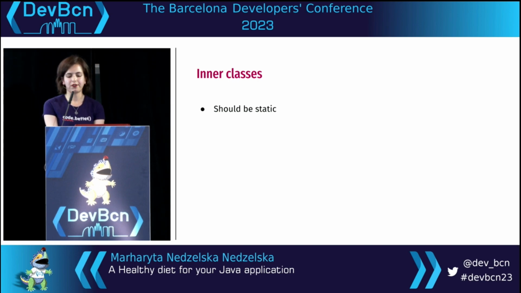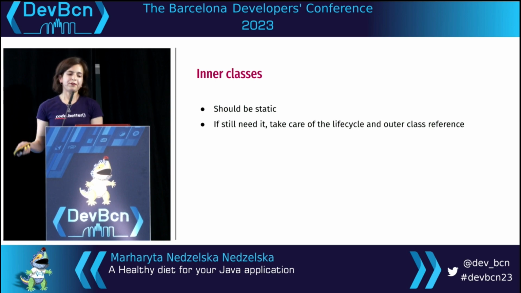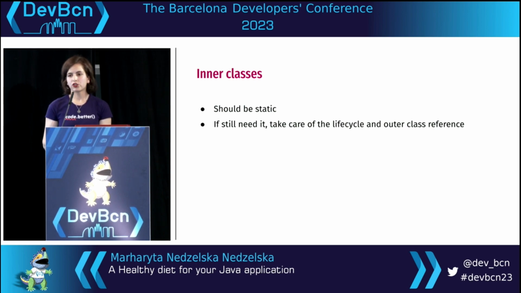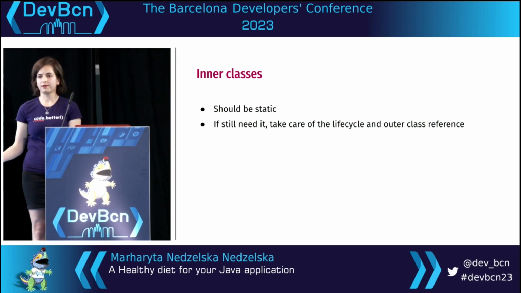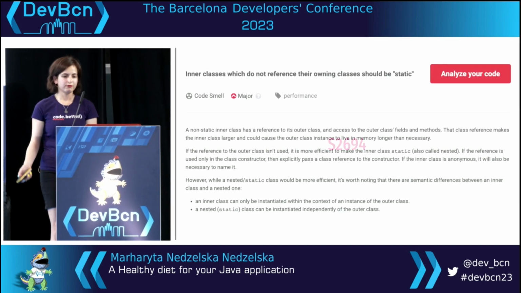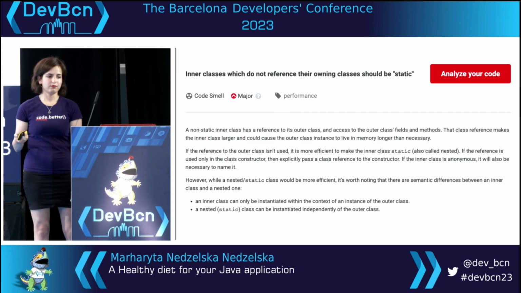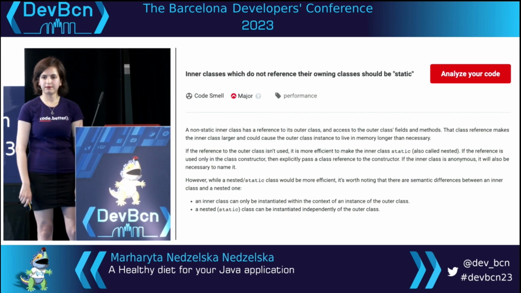It's a very rare case when you need a non-static inner class. And if you still need it, you should keep in mind that it has a reference to the outer class. And we have a rule that helps you to identify the classes that should be static.